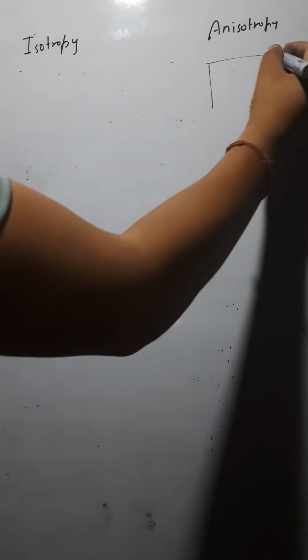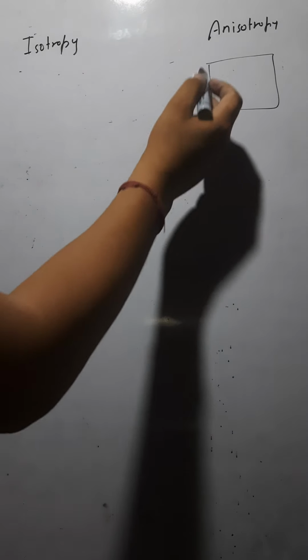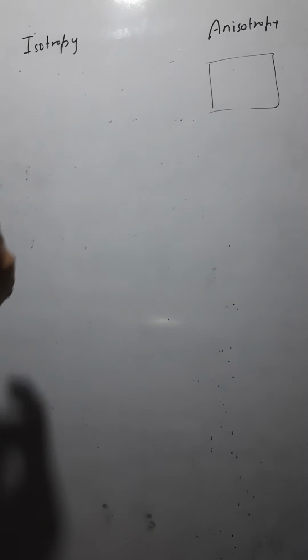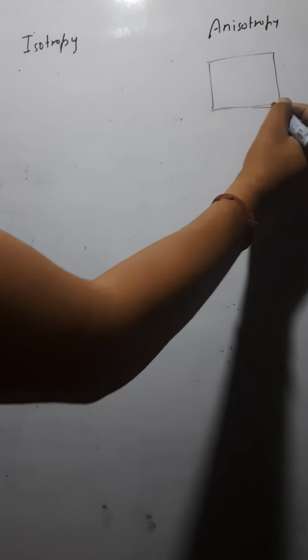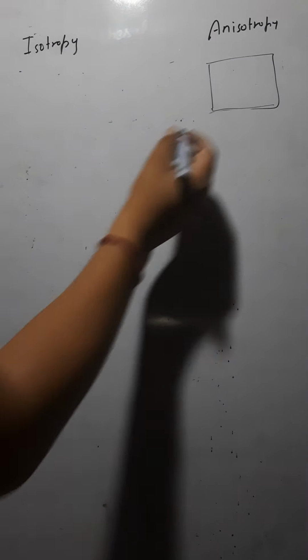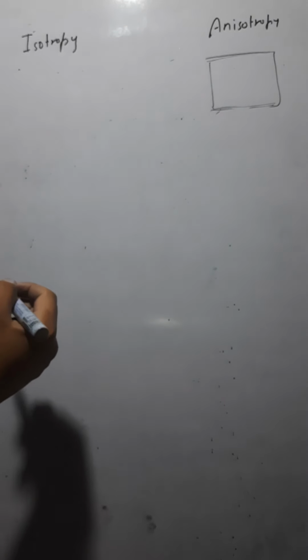Now we would be discussing these two properties, isotropy and anisotropy. Anisotropy is the property of some solids where the solids do not show similar properties from all their directions. It means if you are measuring a property such as electrical resistance from one direction and from another direction, you would not be getting a similar result.